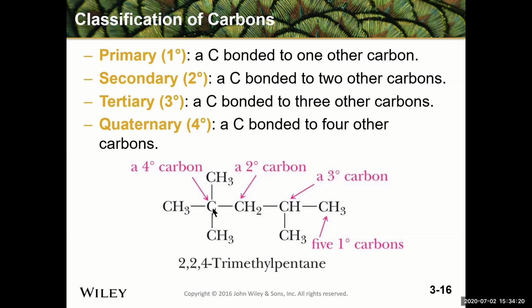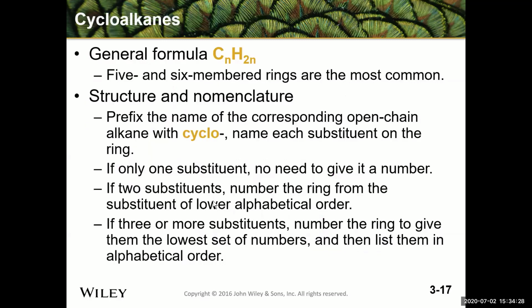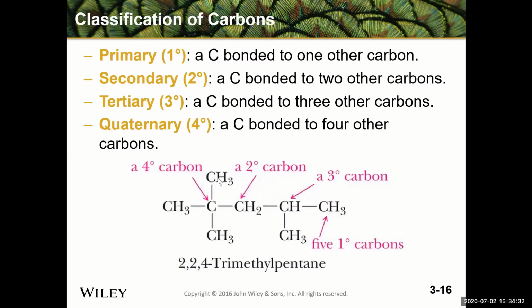So here, this atom here is bonded to 1, 2, 3, 4 carbon atoms. So this is a quaternary carbon atom. All right. So now, this doesn't show on the slide, but we also have primary, secondary, and tertiary hydrogens.